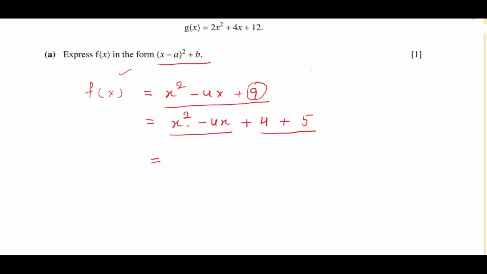These three terms, x squared minus 4x plus 4, will become a perfect square, which is (x minus 2) the whole squared, and then plus 5.